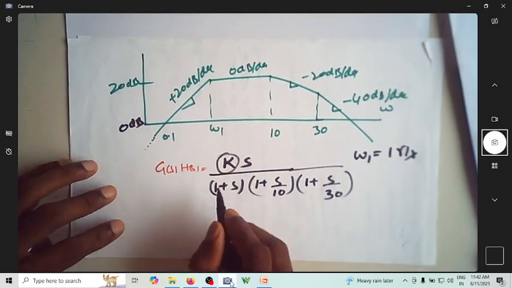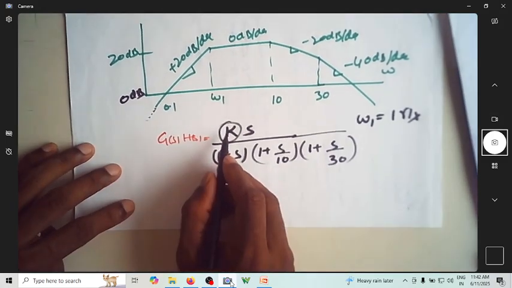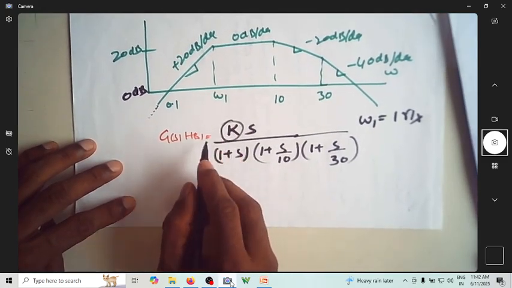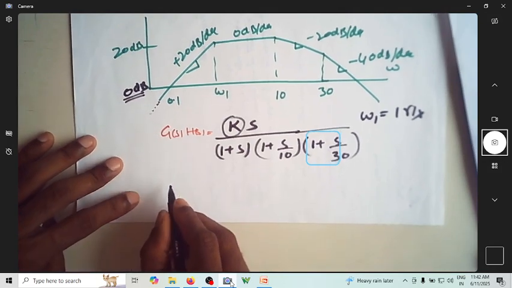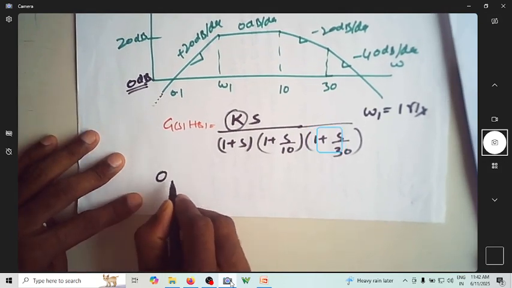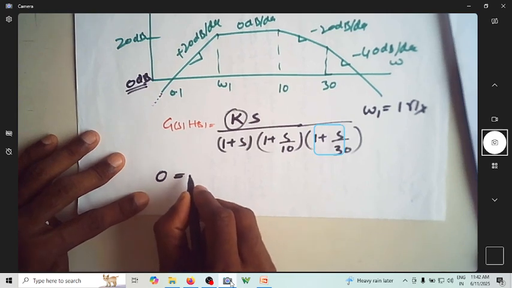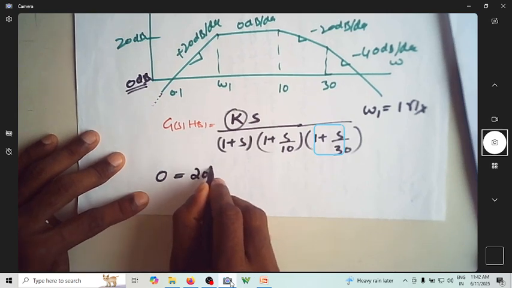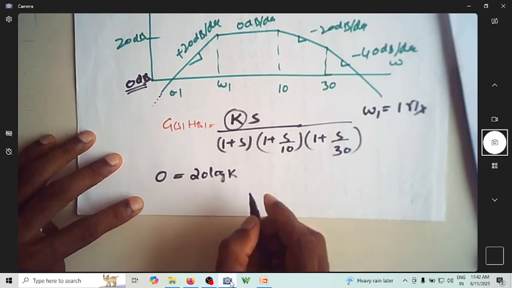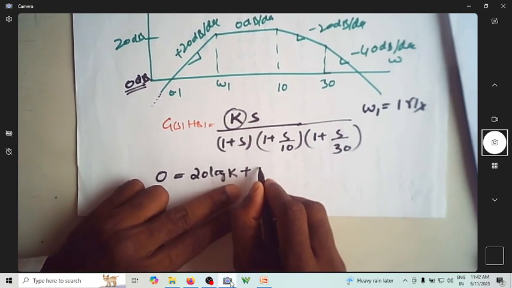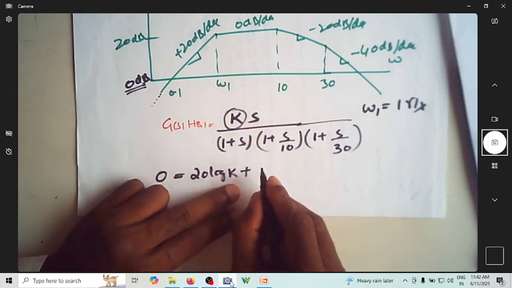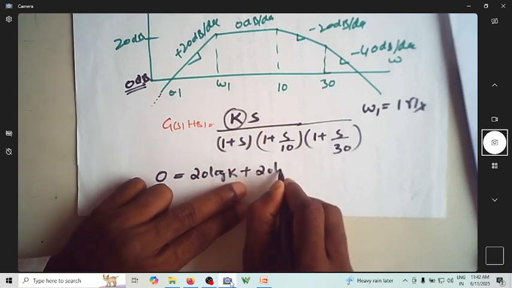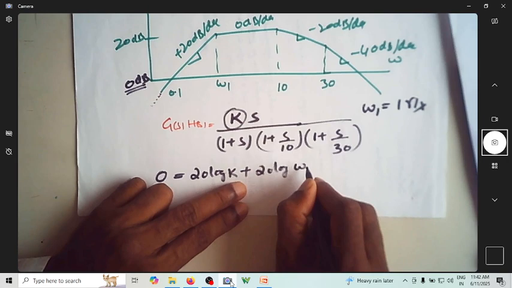So next we need to find the value of k. How do we find the value of k? Since it is given as 0 dB, at the 0 dB point, what is the value you have? It is 20 log of k plus, why it is plus, it is a zero at the origin, 20 log of omega, which is 0.1.